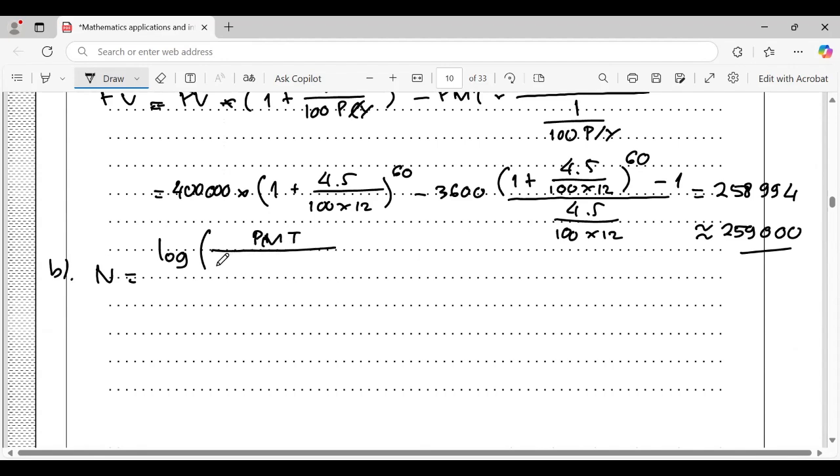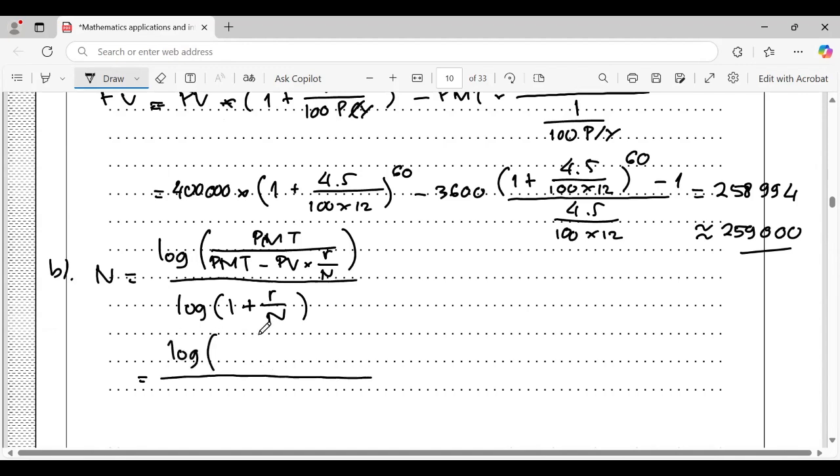By writing the formula first and then substituting the numbers: log of PMT divided by (PMT minus PV times R divided by N), divided by log of 1 plus R divided by N. Substitute the numbers.